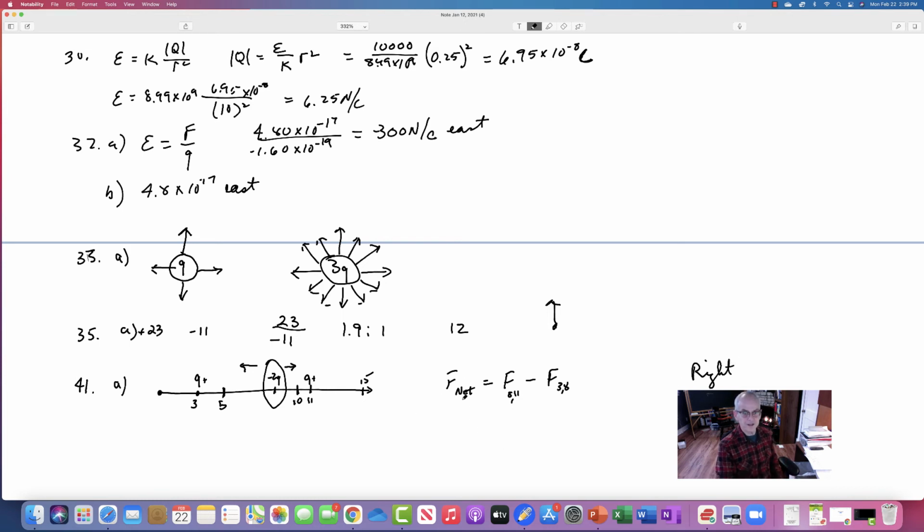Now once you figure this out, then all you have to do is calculate the force. And it's not as hard as it sounds, okay? What you end up with is F net is equal to K Q. So this is the 8, 11.